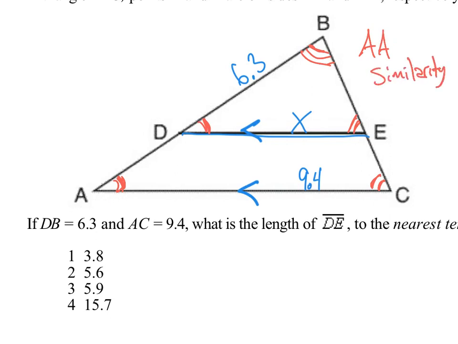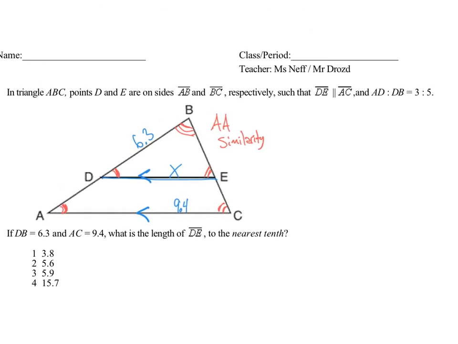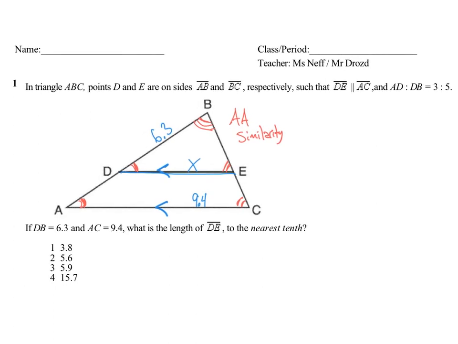All right, so once we've established this similarity, what can we do with that ratio? So I remember a moment ago we read it says that there's an AD right here to DB has a 3:5 ratio. What does that mean? So essentially that means that there is a 3-part to 5-part ratio between these two segments.